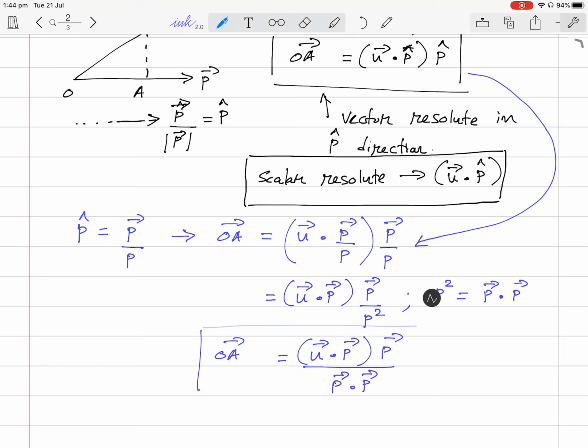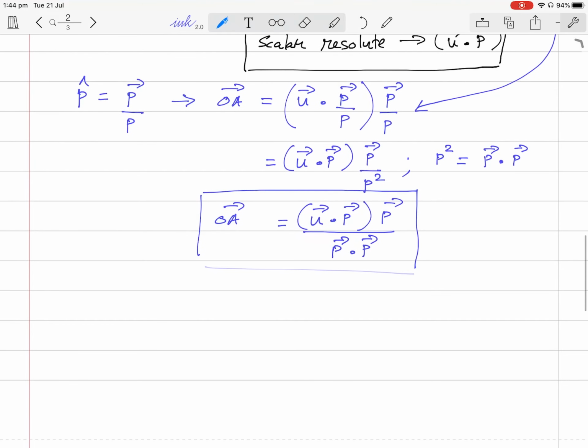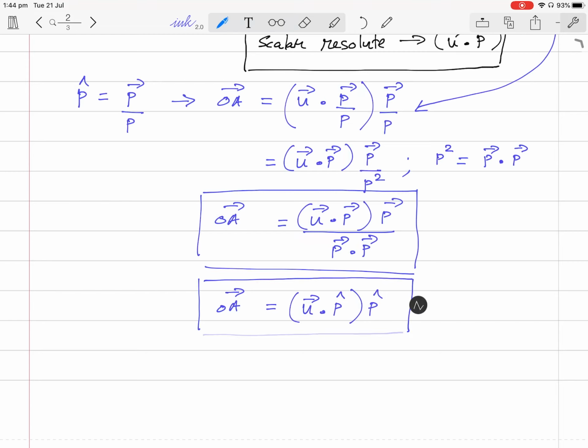You can write that in this form, or you can write that in the previous form, u dot p hat times p hat. The second formula is very easy, and from the second formula you can derive the one I showed you before. So this is OA.